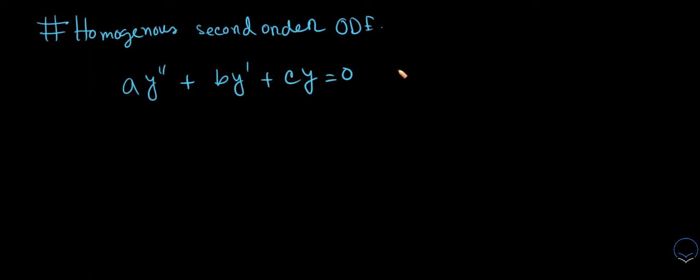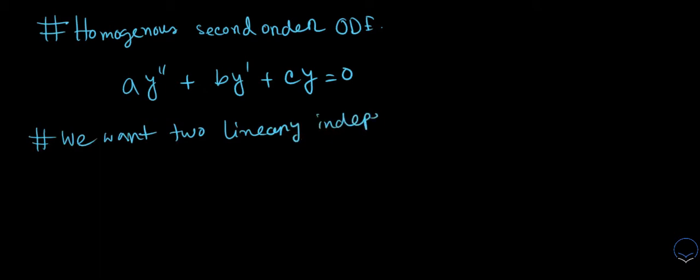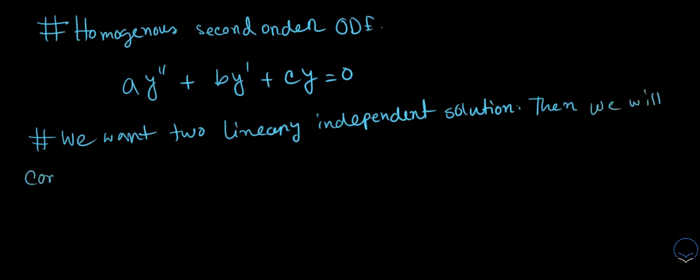And we want two linearly independent solutions, and then we will combine them to get the full general solution. And note that this combination is also a linear combination to get the full solution.